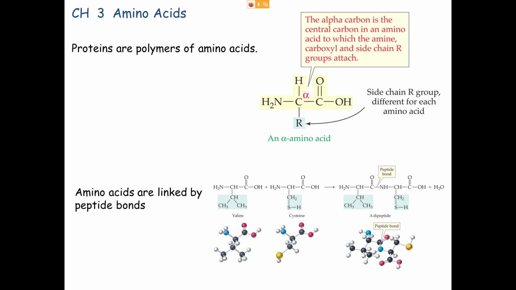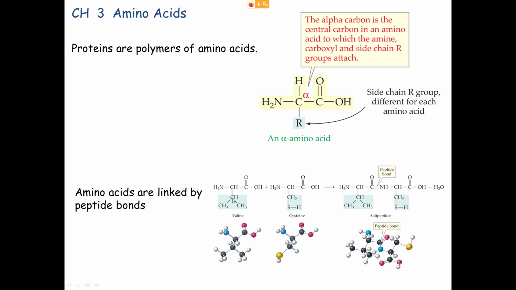So they're all alpha amino acids for the 20 we're going to use, and the R group is what varies among them. Some examples are at the bottom. You see we're drawing these all the same way: the carboxyl group here, the amino group attached to carbon number 2. Valine has a beta carbon, so carbonyl carbon, alpha carbon, beta carbon.